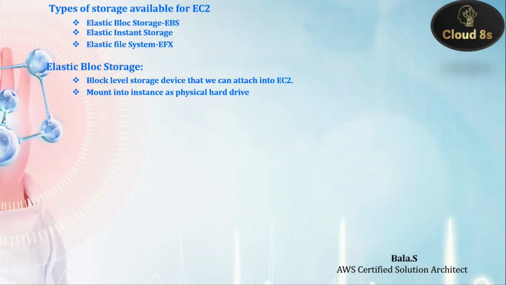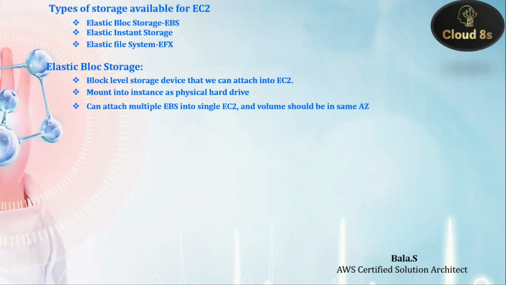In the same way, we can create a volume at the AWS EBS level. Using that, we can attach those volumes and mount them based on the operating system inside the EC2.